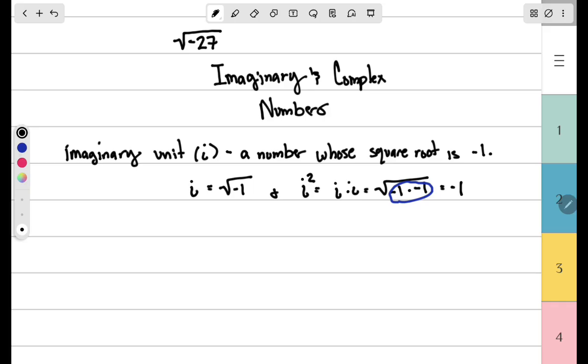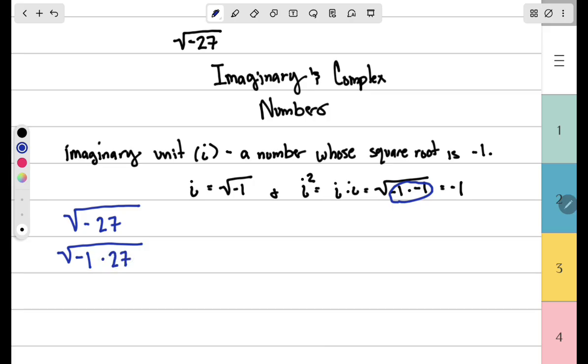The square root of -27. All right. What you do is, you know that -27 is a -1 and a 27.